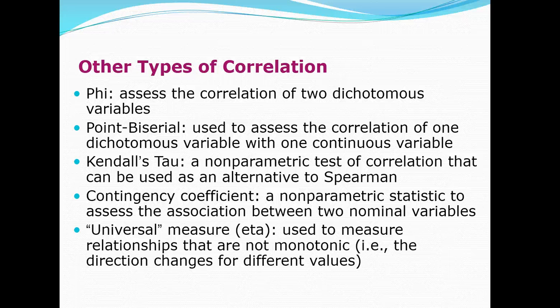And the second to the last is the contingency coefficient. This is a non-parametric statistic to assess the association between two nominal variables. So think about this. This is nominal now. A nominal is just a name, just like name of schools, name of bank, and again, it's non-parametric and it's called a contingency coefficient if you want to know whether there is a correlation between two nominal variables. Who knows?